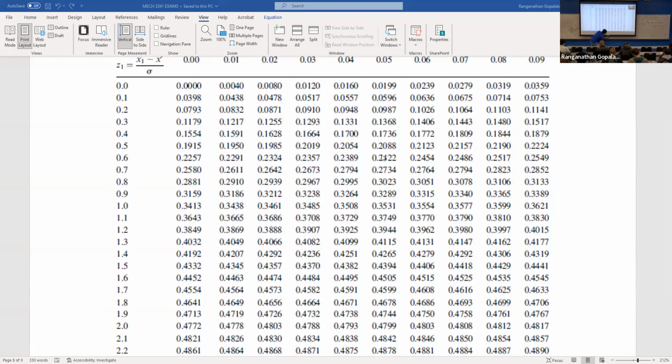What is the value of 0 to 1.6 from this table? Is everybody seeing that? What is the value of the area between 0 and 1.6? 0.4452. So everybody is able to read the table, right?